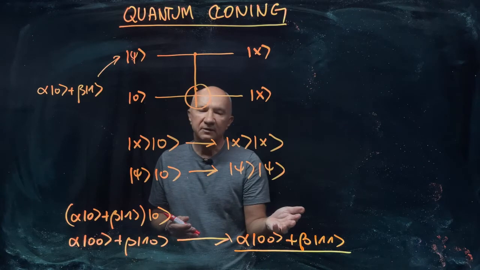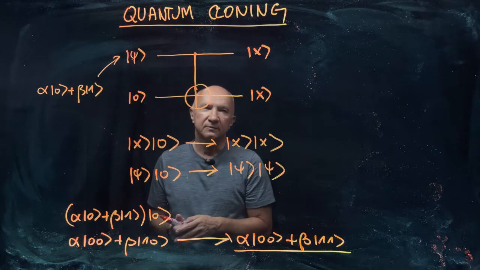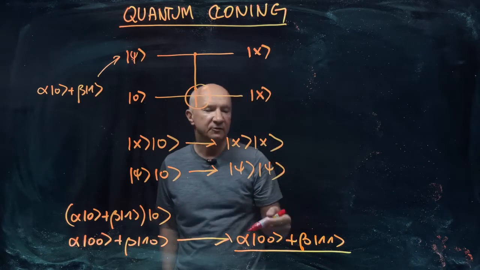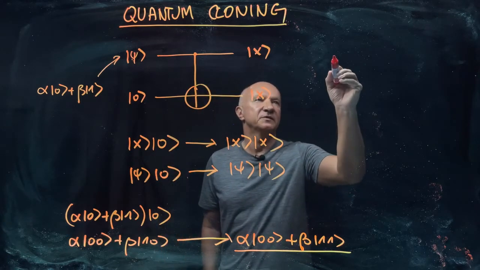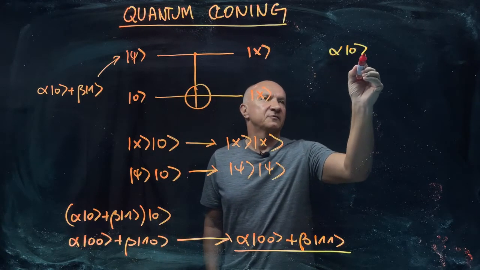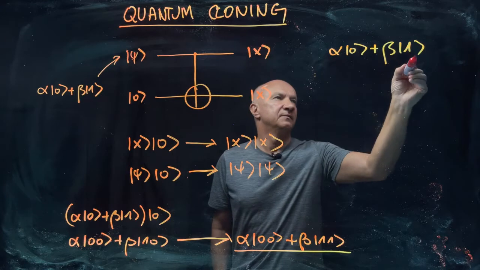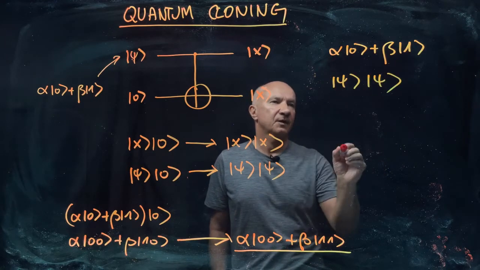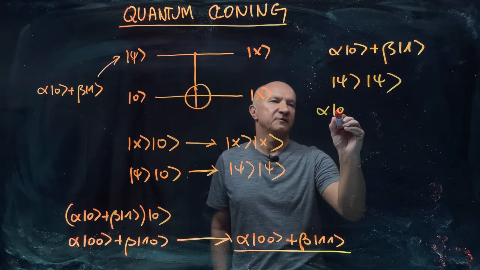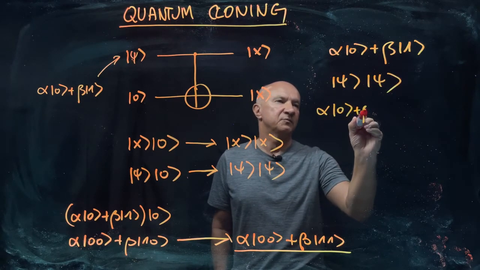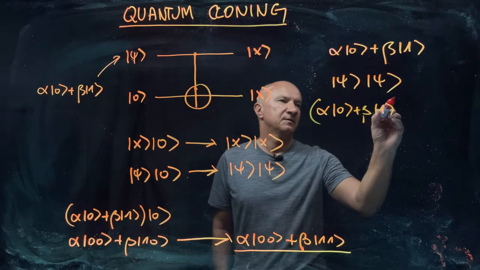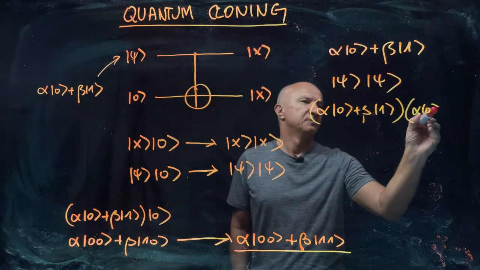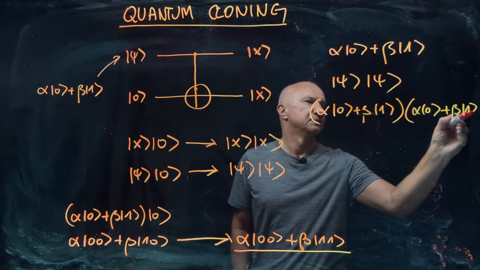Is it the clone of psi? Well, it isn't, right? What do we expect? If we were to clone the state alpha 0 plus beta 1, then the state psi tensor psi would be of the form alpha 0 plus beta 1 tensor alpha 0 plus beta 1.